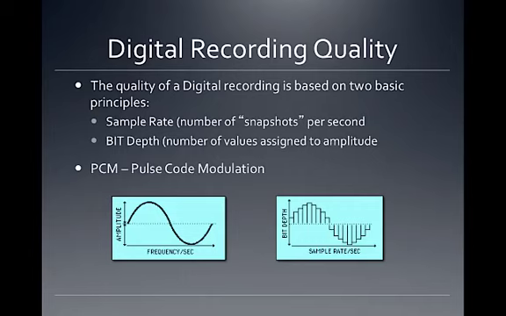But the PCM, the pulse code modulation, is the idea where an analog waveform that gets inputted into an A to D converter, an analog to digital converter, is going to have pictures taken of it. How often that happens is the sample rate, and the bit depth is a coding of the value of each of those samples. That whole concept of quality of digital recording, sample rate and bit depth, is called pulse code modulation.